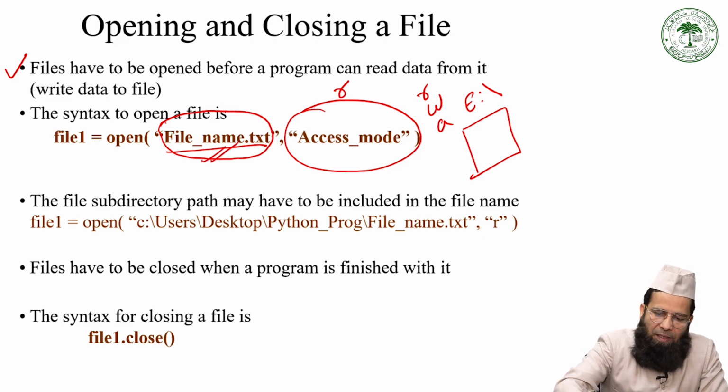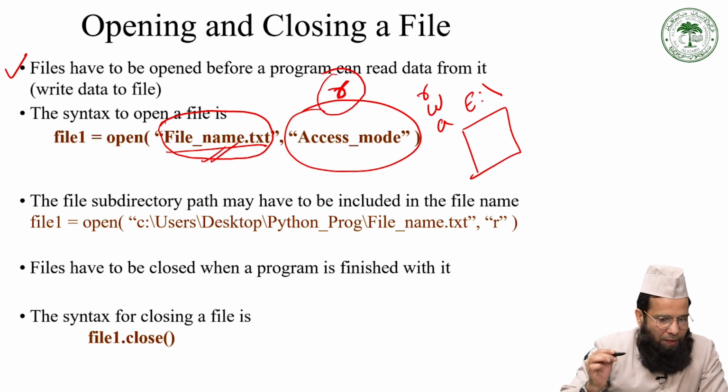If it is present, then it is okay. Otherwise, it gives an exception, since your file is not present at that location and you are trying to open it in read mode.